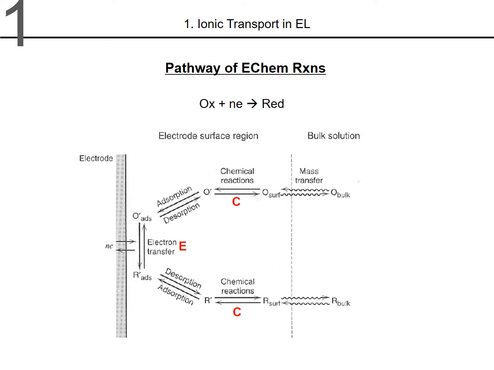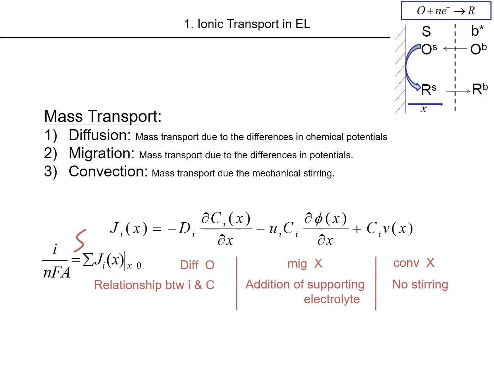Then, let's think about the mass transfer. Mass transport has 3 different processes. The first one is diffusion, the second is migration, and the third one is convection.